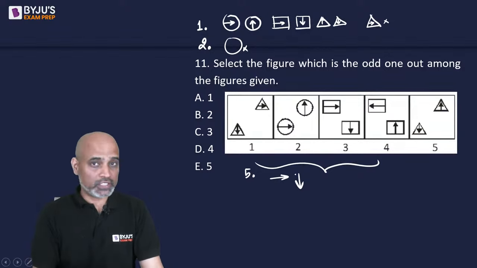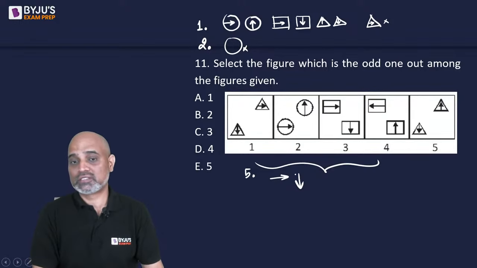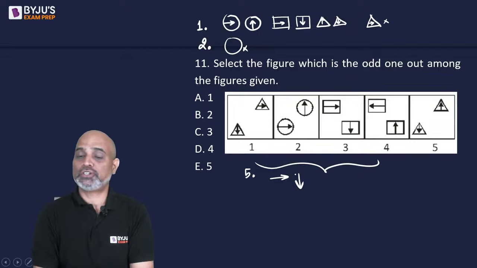There is no east and west there. So fifth can also be the answer. So now you tell me what the actual answer should be, because I am getting three options.